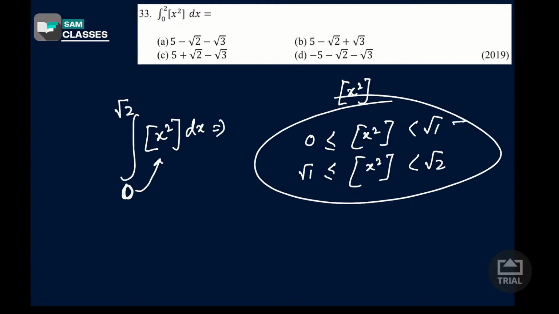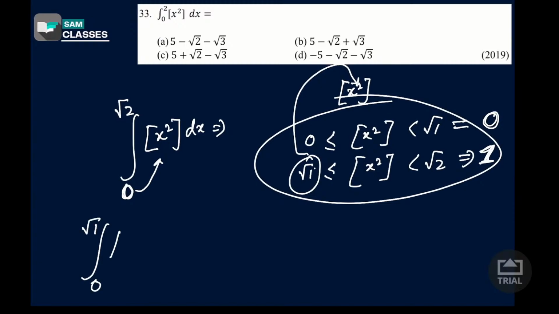I can generate the first integer here 0, and the other integer here 1. Because if I put square root 1, I'll get 1 only. Clear? So where to where I'll break? First I'll break 0 to root 1 f(x) dx, plus root 1 to root 2 f(x) dx.